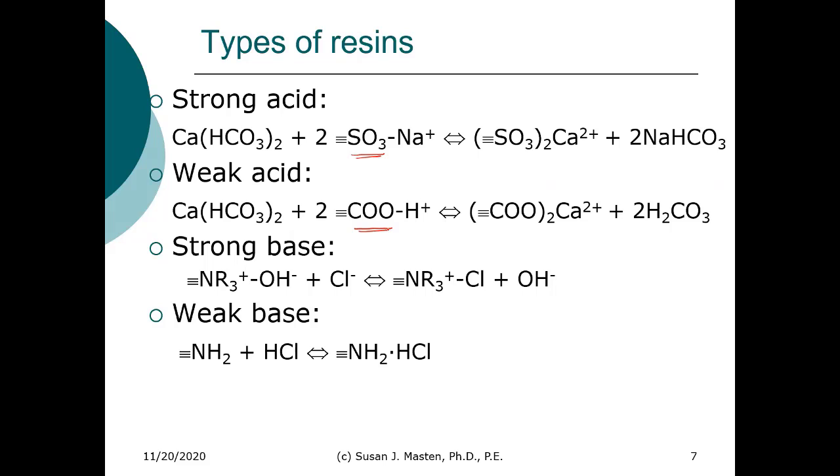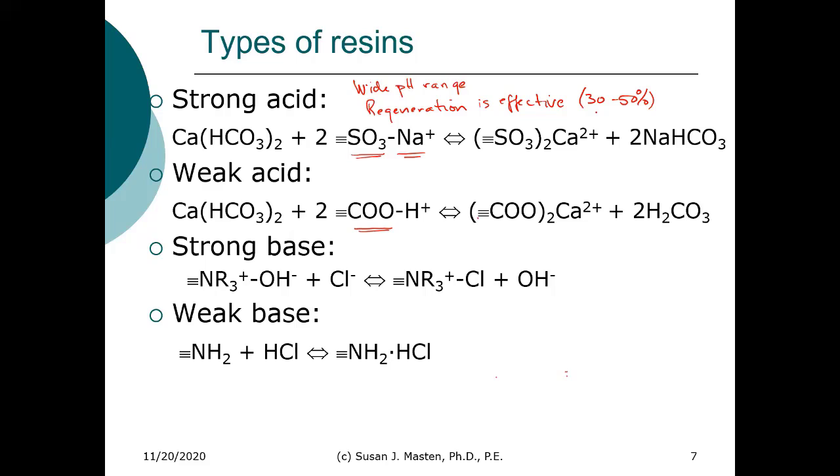Now, strong acid is going to want to keep the sodium more than a weak acid will. The strong acids have a wide pH range they can operate at. However, regeneration is less effective, typically about 30 to 50%. And when we talk about regeneration, those of you that have a softening unit in the home, you operate the unit typically in a sodium mode.